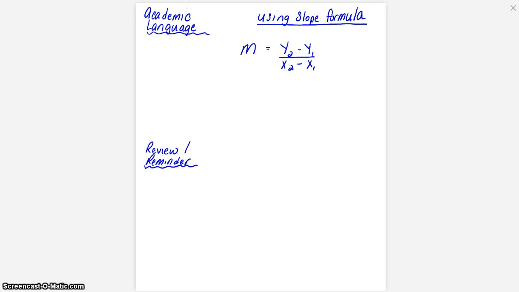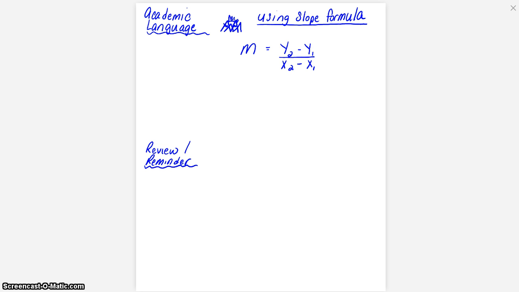M, which stands for slope, which I always remember because it looks like mountains, right? M for mountains. There's my snow, and maybe there's a sunset in the back, but I'm not an artist. Maybe there's some more mountains there. So I always remember M is slope because mountains have slopes.